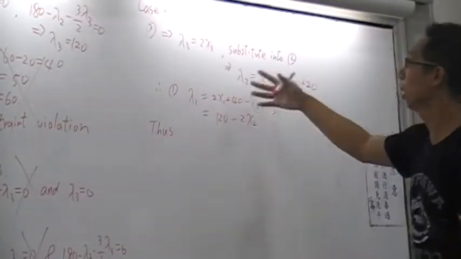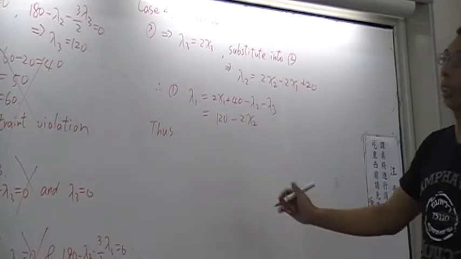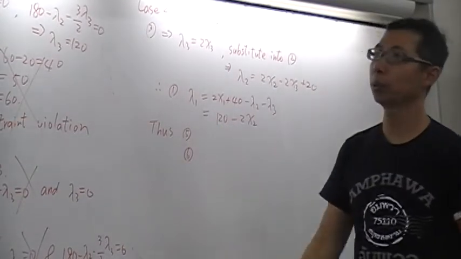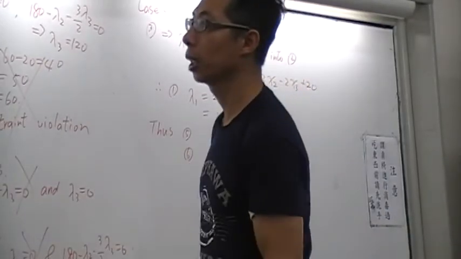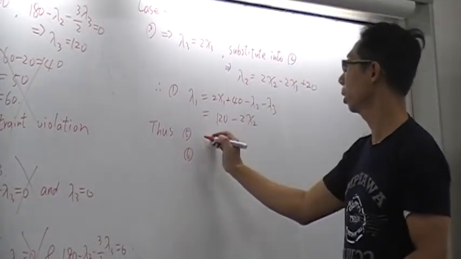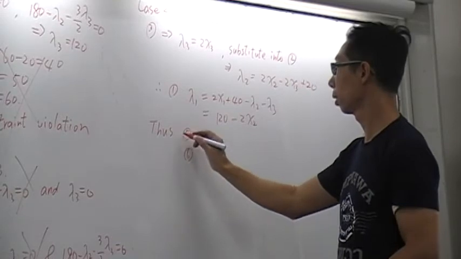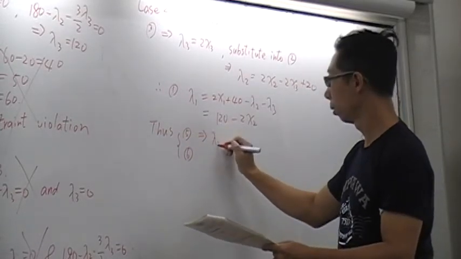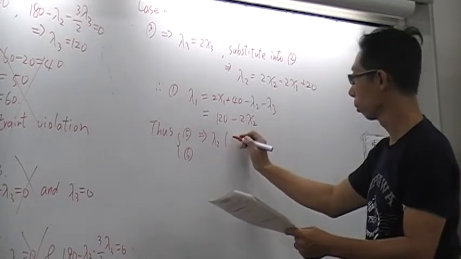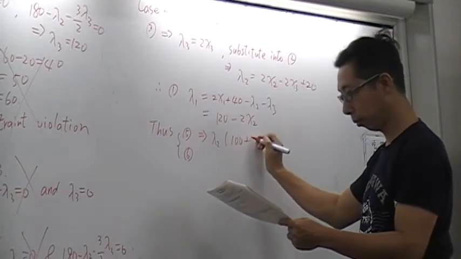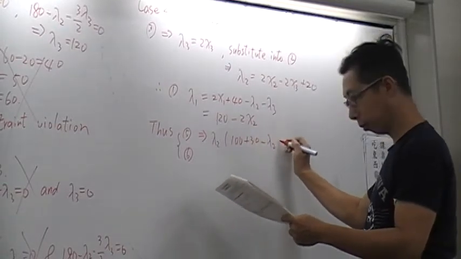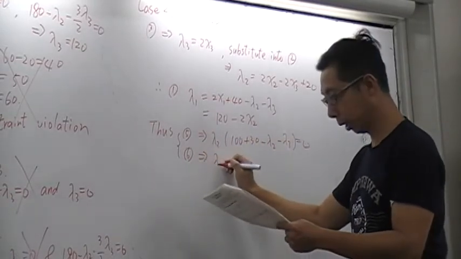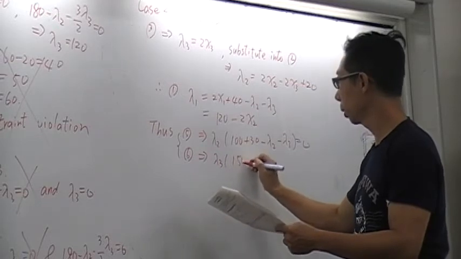With this kind of substitution, equation 5 and equation 6 can be rewritten. Equation 6, lambda 3 times that.